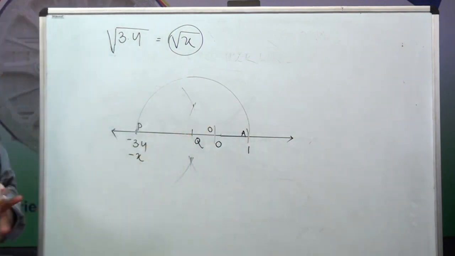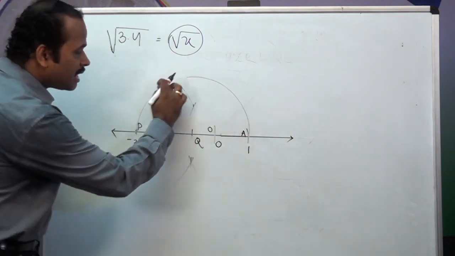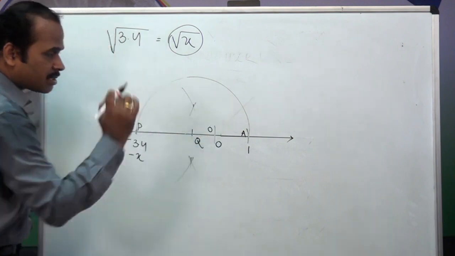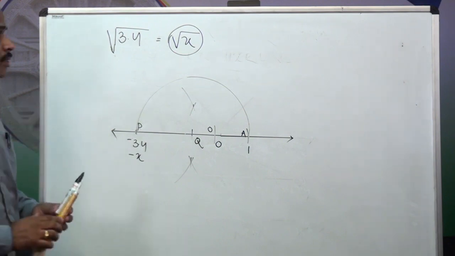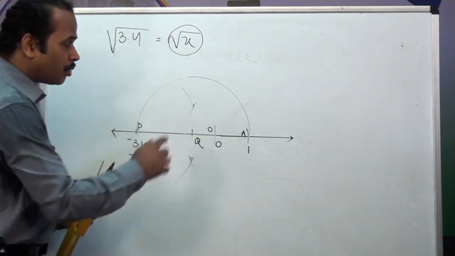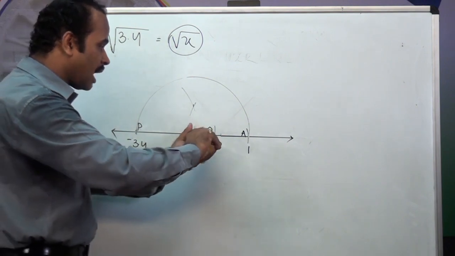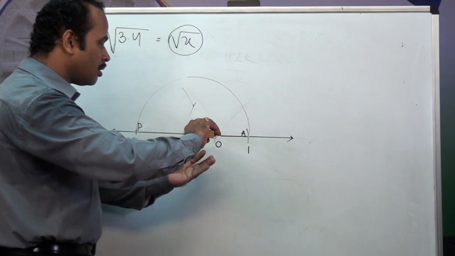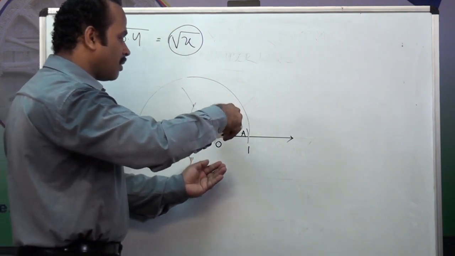This is the semicircle I have constructed, taking Q as the center and QA as the radius. After constructing the semicircle, I will go to the point O where I have taken 0. From 0, I will draw another perpendicular.